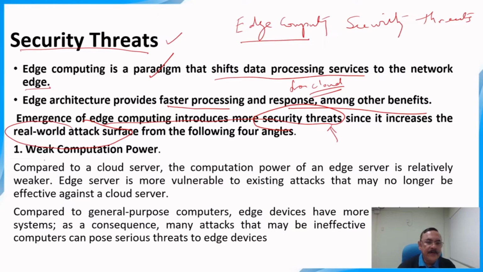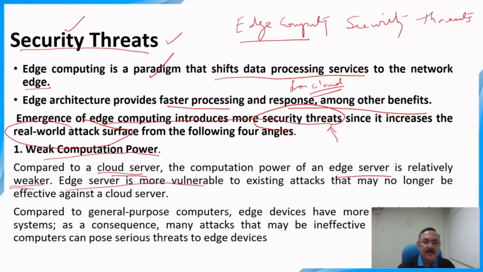First is weak computation power. Now, you know that compared to the cloud servers, the computation power of the edge server is relatively weaker. This weaker computing power of the edge is attracting security threats.